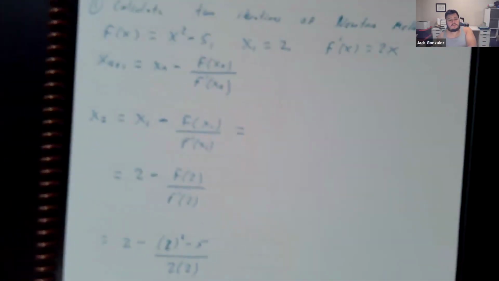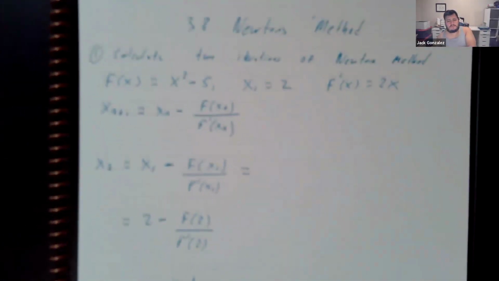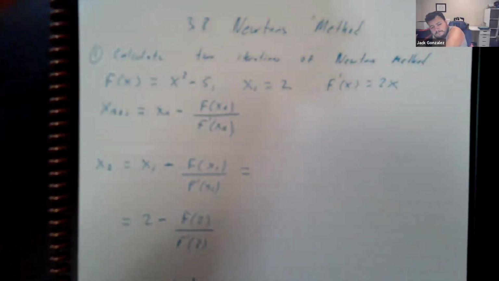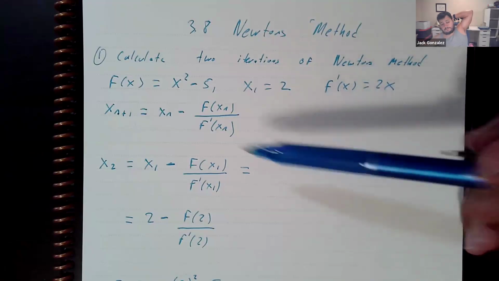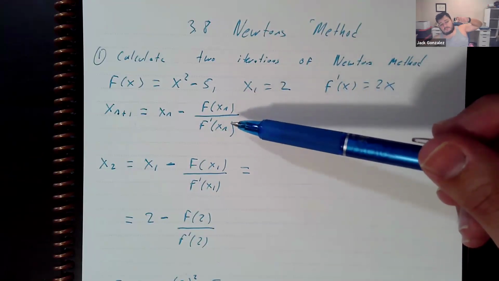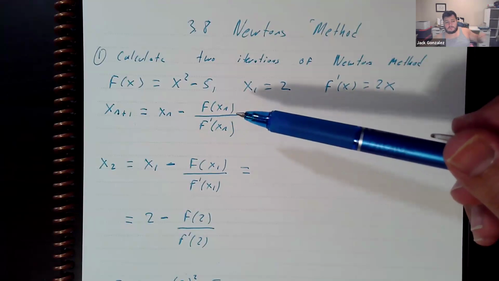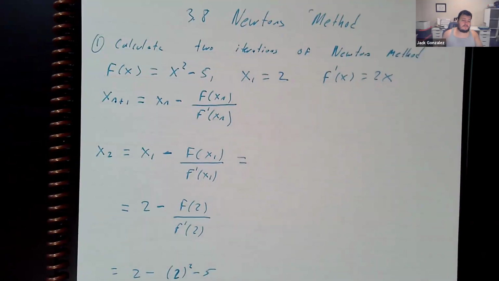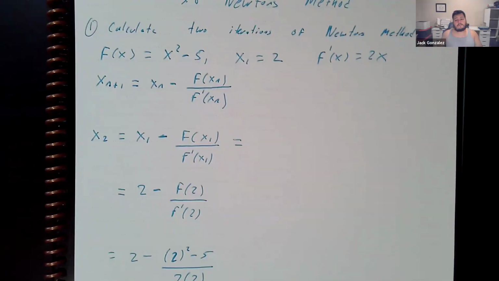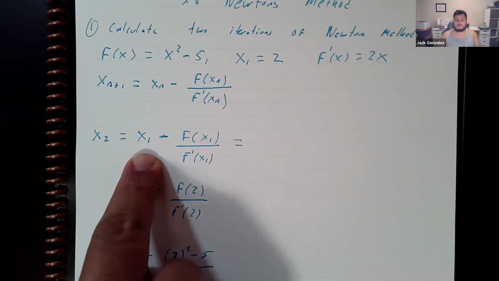But before we go any further, any questions on what we just did? We used this formula to find the next value. We're trying to approach the zero, or the value that creates zero. x1 was given to us, we found x2.